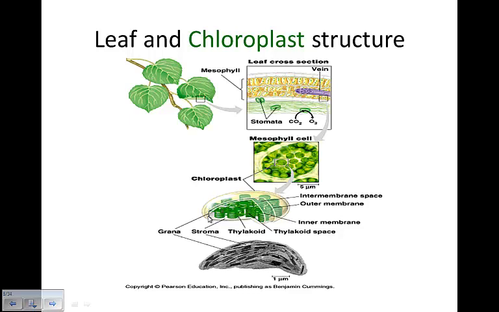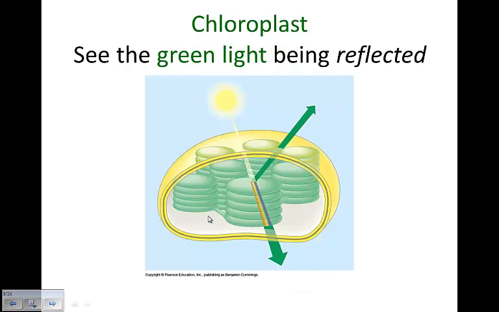All right, so let's look at a little bit here. Here's our chloroplast. One of these is the thylakoid. The whole stack is called grana, and then in between, all of the watery space here is the stroma. Now, the reason why we see green when we look at it is because green is being reflected, so that's what we're able to see.